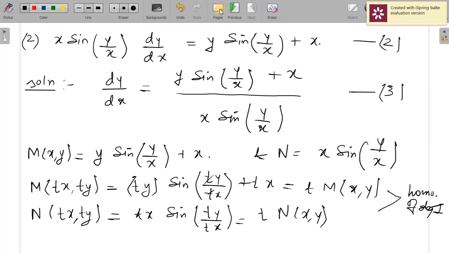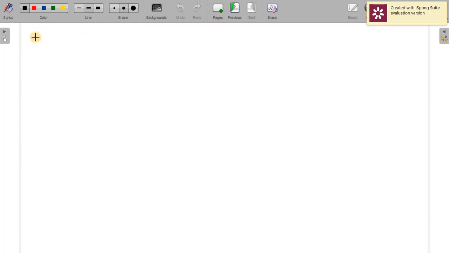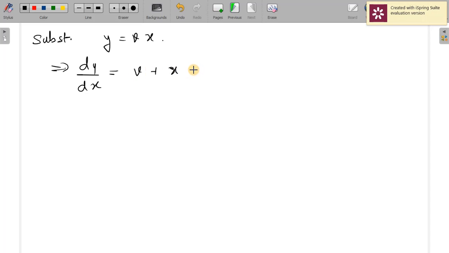So if in equation 3 I substitute y is equal to vx, that's same as saying dy by dx is equal to v plus x dv by dx.